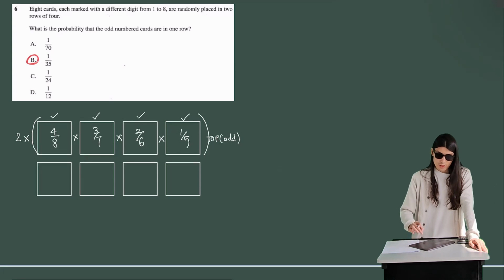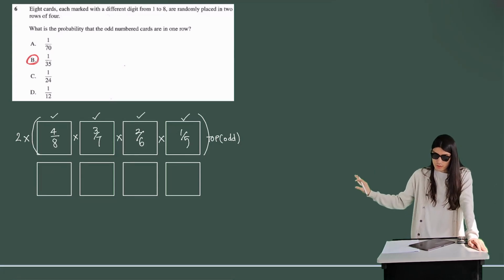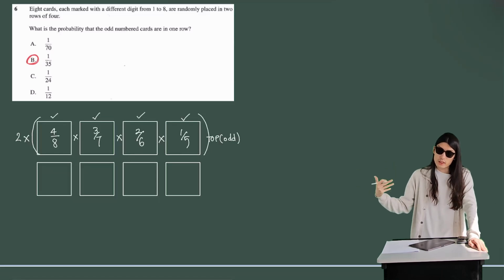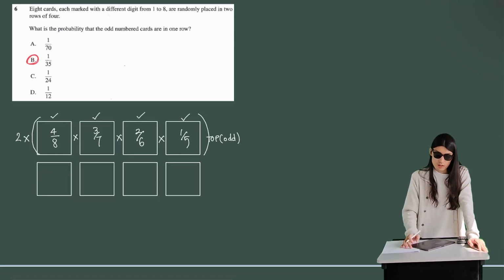You could have also solved this question by considering permutations and combinations of essentially different arrangements of cards, okay? However, in my opinion, what I did is probably the simpler approach for this question, okay?